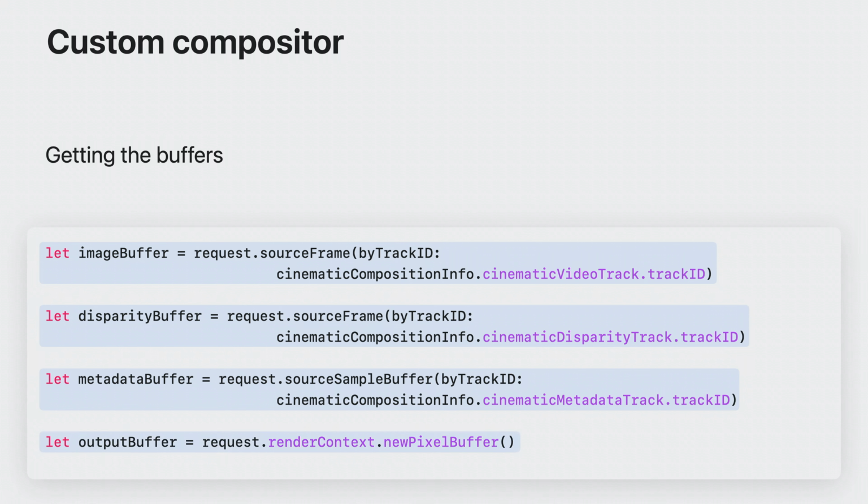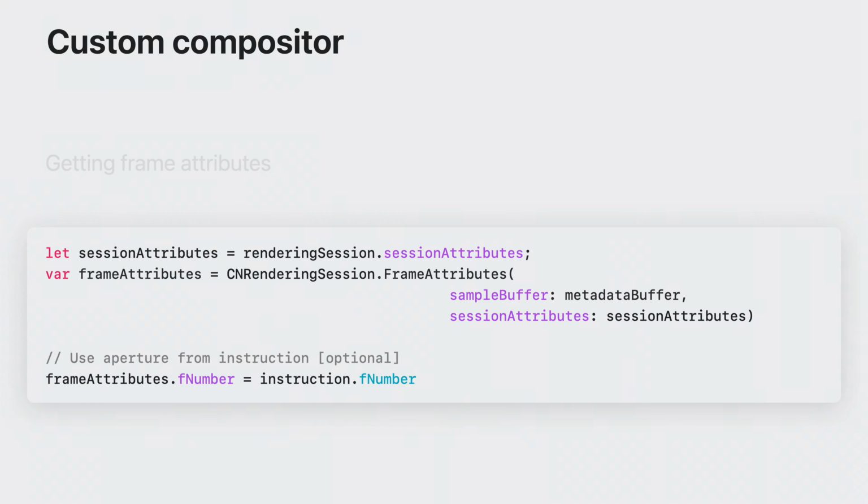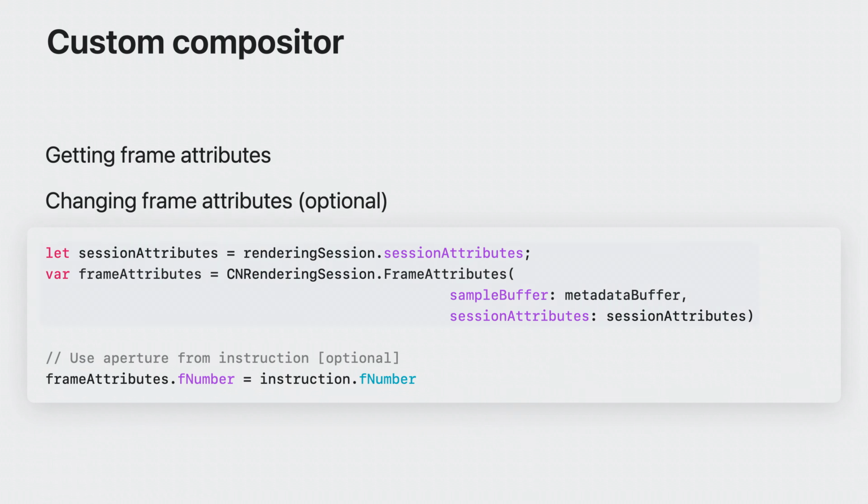These buffers allow us to make edits and new renders. From the metadata buffer, I can get the rendering frame attributes, which drive the rendering. The metadata is an opaque structure, so I'll use CN rendering session and get the frame attributes directly.